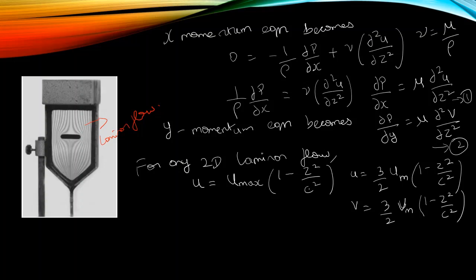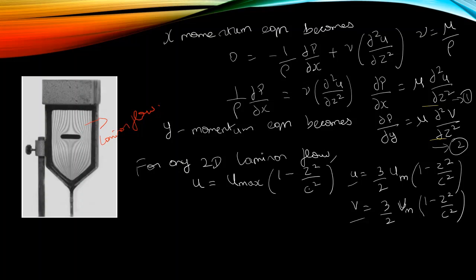So you have written the u velocity equation and the v velocity equation. Now you have to differentiate these equations 2 times, because you have to substitute the values in equation number 1 and 2. Look at the right hand side terms of equations 1 and 2: you have to differentiate these two components with respect to z 2 times, and for v also 2 times.